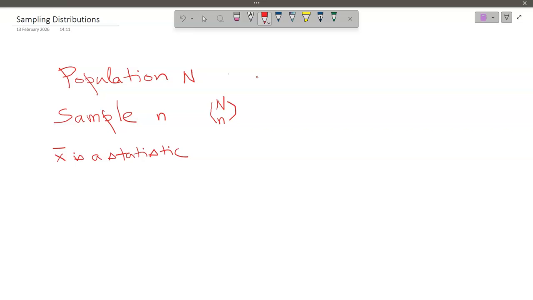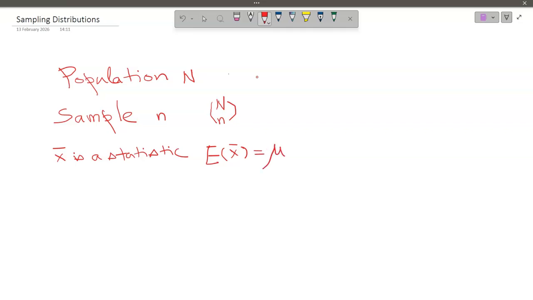Now the distribution of x bar will depend on the sampling scheme and the distribution of the population. So on the sampling scheme, if it is random, then the expected value of x bar will be the population mean.